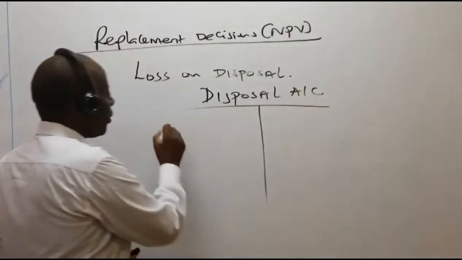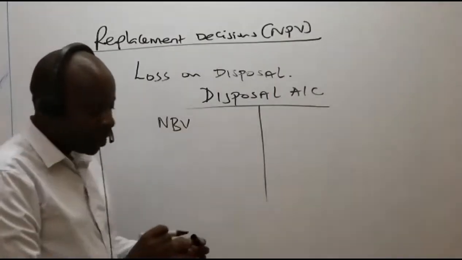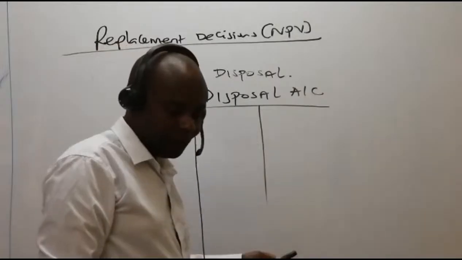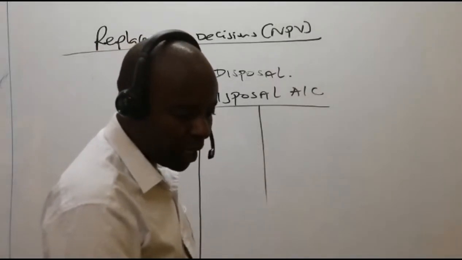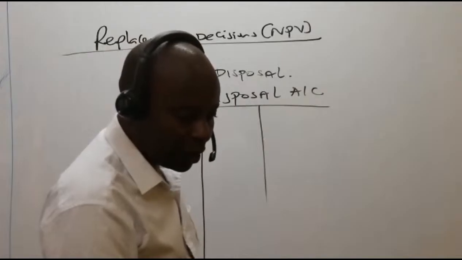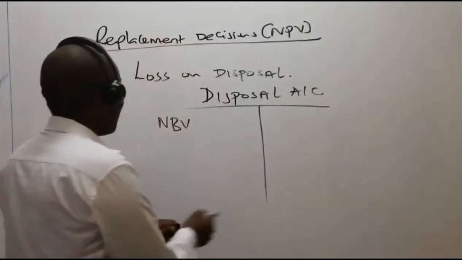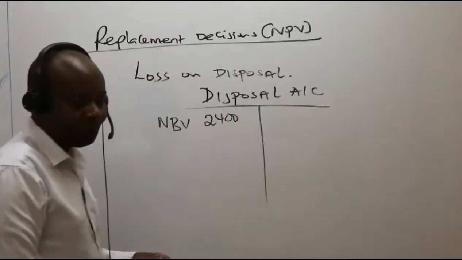In the disposals account, you start by debiting this account with the net book value of this particular machine. Disposal of the old machine, ladies and gentlemen, they have told us the old machine has a current net book value of 2.4 million. So this is what I bring first here. I would want to put my figures in thousands, so 2,400 like that.